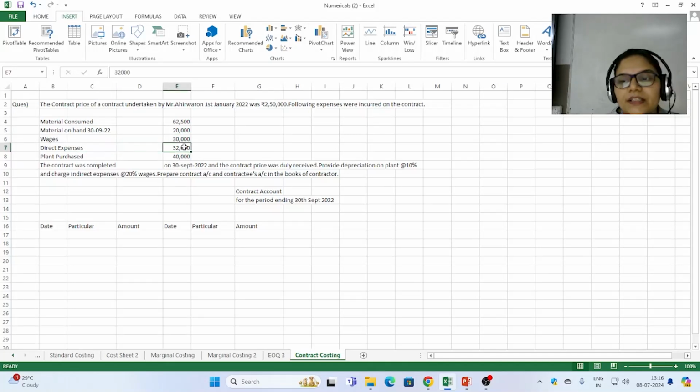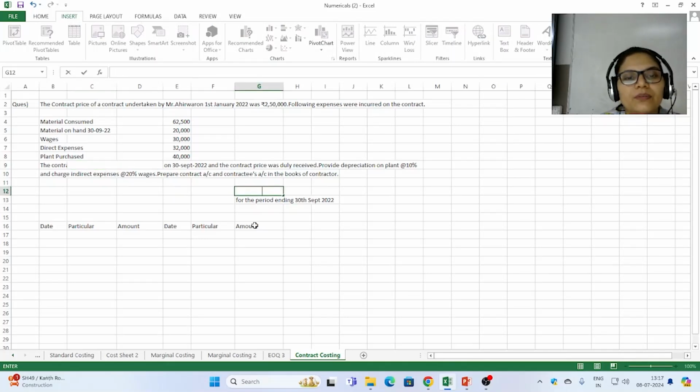Direct expenses are 32,000. Plant purchase is 40,000. The contract was completed on 30 September 22 and the contract price was duly received. Provide depreciation of plant at the rate of 10% and charge indirect expenses at 20% of wages. Prepare a contract account and contractee's account in books of contractor.